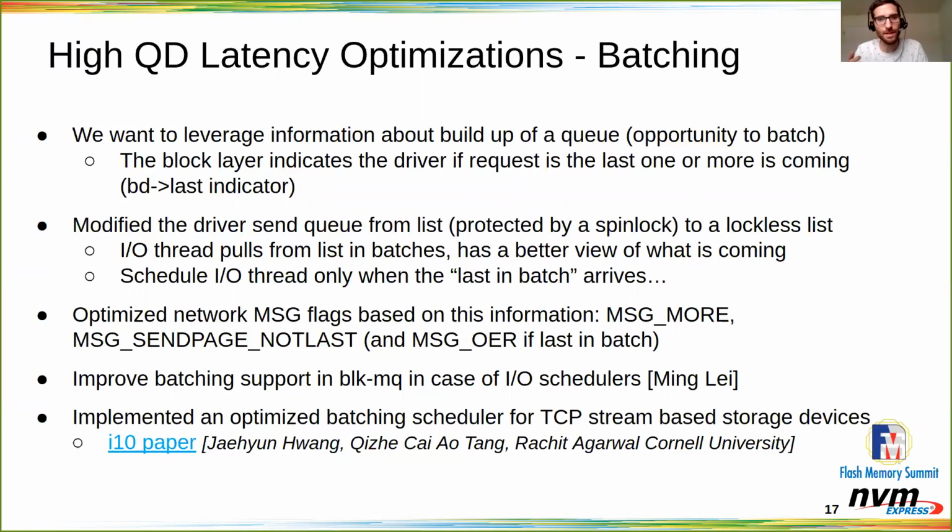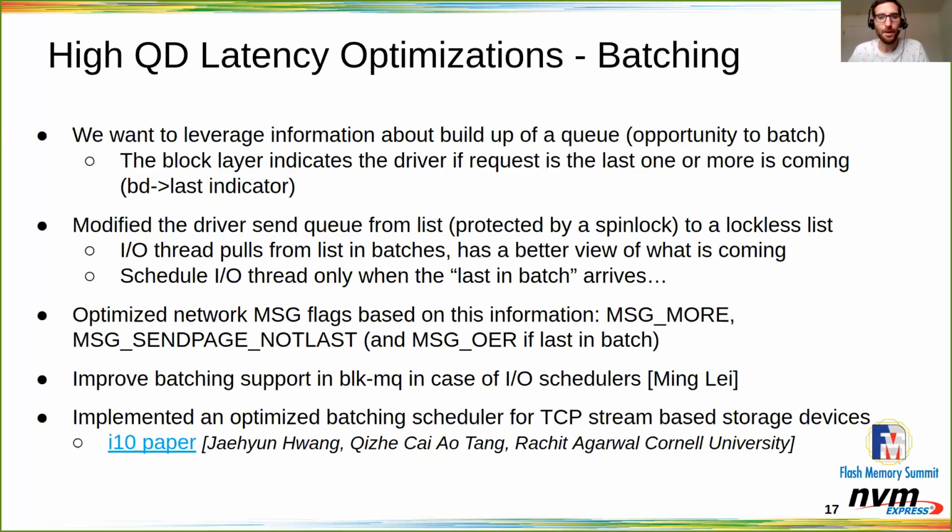So we'll hint the stack that it needs to wait for more data and not necessarily go ahead and send it. It has an opportunity to batch. But if this is the last piece of data in the queue that we're going to send, and we don't know of anything building up behind it, we turn on message end of record to indicate to the stack that whatever it has built up, it should go ahead and send now.